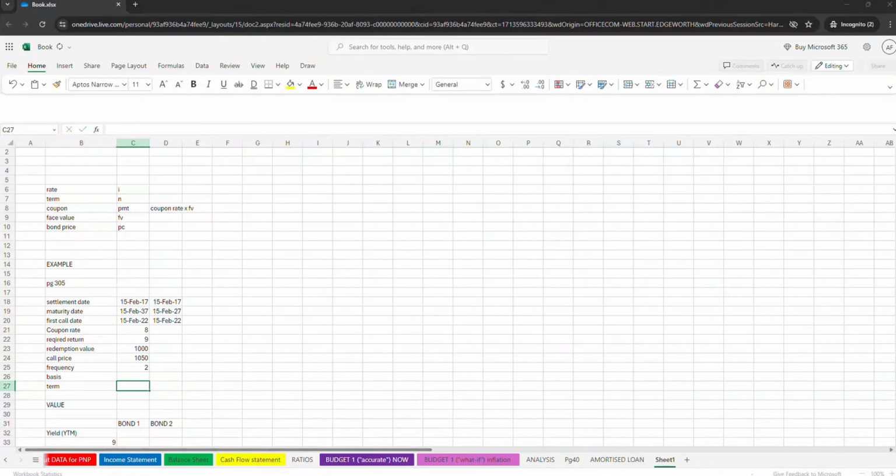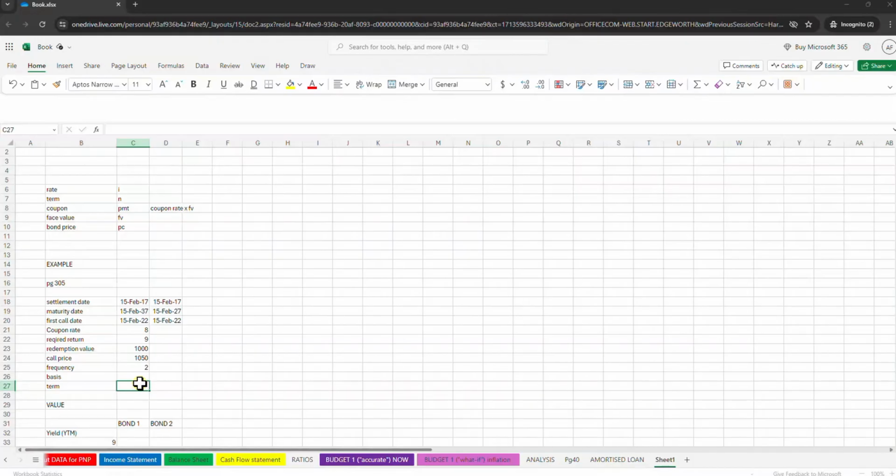Let's just check it and see if we can find a function for this. I'm just going to quickly check and search for it. Okay, DATEDIF.